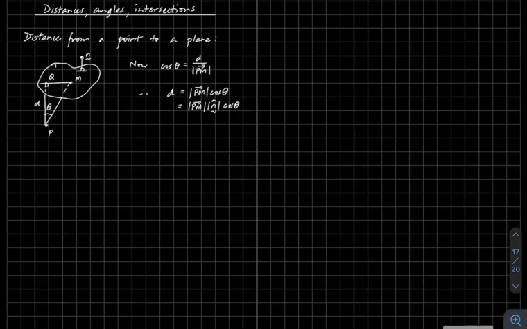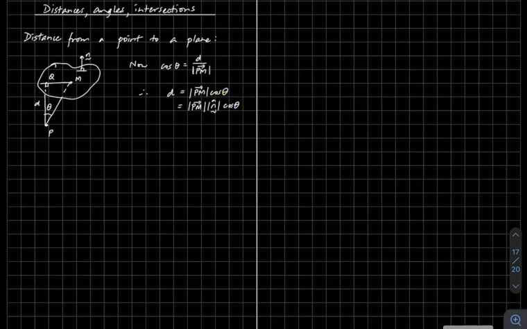Because any unit vector has a magnitude of 1, doesn't it? So N will certainly have magnitude of 1, so multiplying by 1 doesn't make any difference. But what it does now is that this here is in the form of the dot product, isn't it?